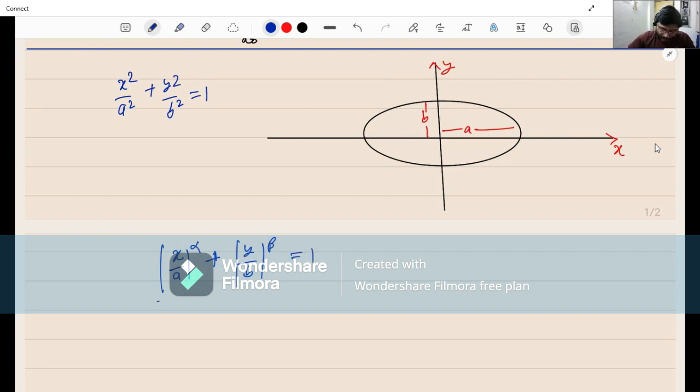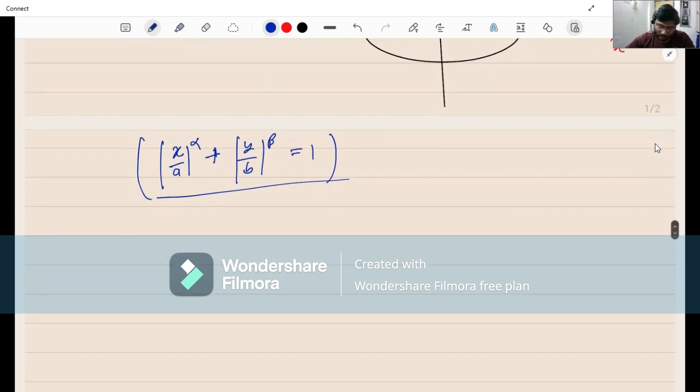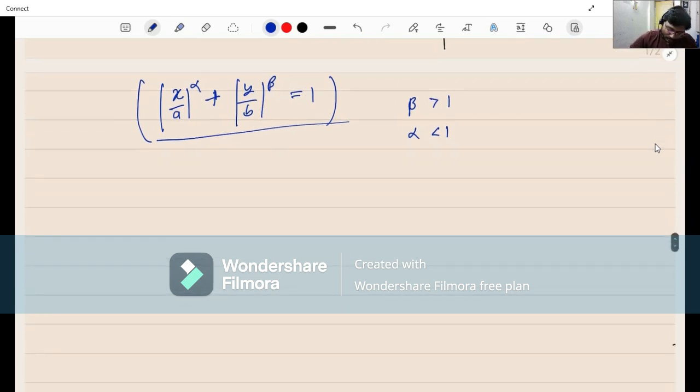If I write this equation, and here beta is greater than 1 and alpha is less than 1, then how will it look?